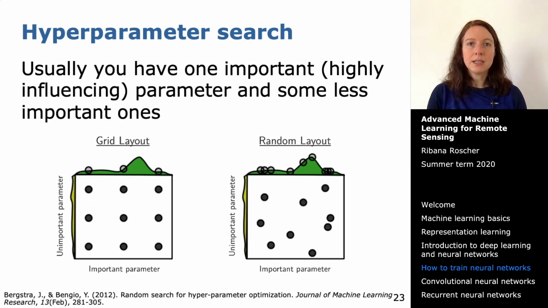Another suggestion is not to do this hyperparameter search via grid search, but instead with a random search. What mostly happens is that you have a very important, highly influential parameter, for example, the learning rate, and another one which is not that influential on the result.